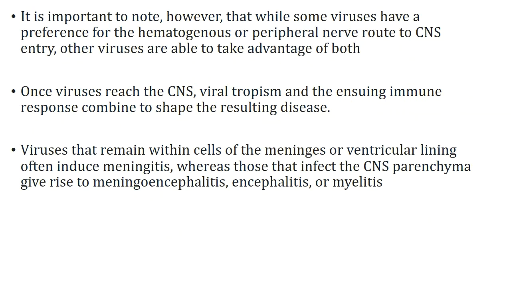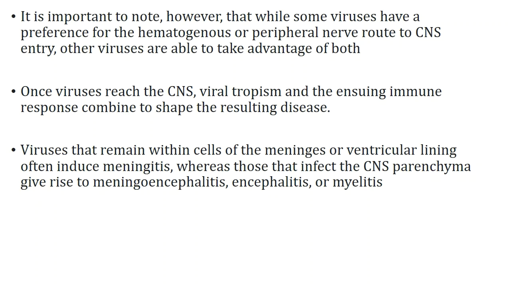It is important to note, however, that while some viruses have a preference for the hematogenous or peripheral nerve route to CNS entry, other viruses are able to take advantage of both the routes, that is, both blood or hematogenous and peripheral nerve route. Once viruses reach the CNS, viral tropism and ensuing immune response combine to shape the resulting disease, as we have already discussed in the pathogenesis section.